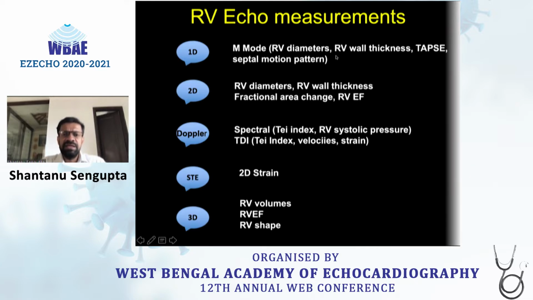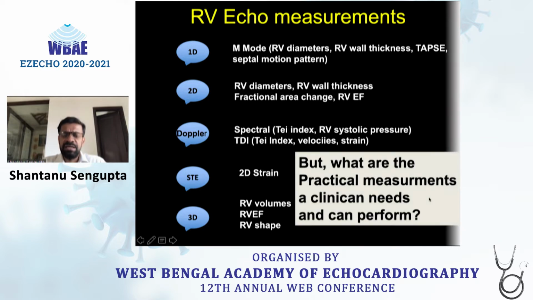The various ways the RV measurement can be done are M mode, 2D measurements, Dopplers, strain, and of course the 3D volumes. M mode is basically RV diameters and wall thickness. 2D looks at RV fractional shortening and RV ejection fraction, but we should not do it by 2D because we don't get a good representation. We have the Tei index, strain analysis by Doppler, and 2D strain analysis.